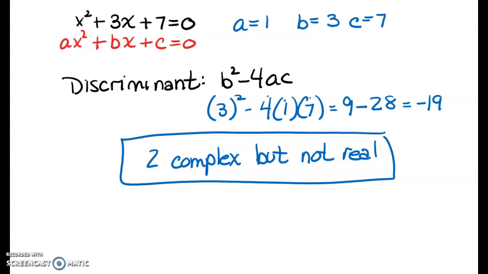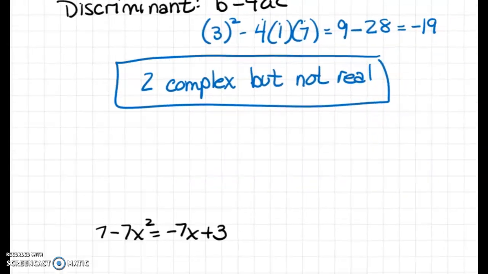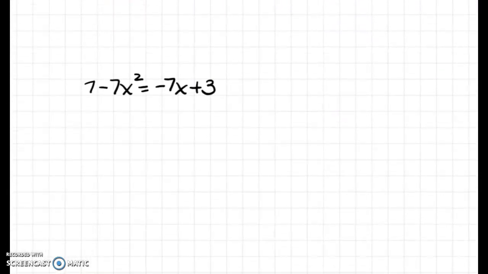Sometimes we get pure imaginary numbers, but imaginary numbers are also considered complex, even though they don't really have a real part. But our real numbers are complex numbers, and so we want to make sure that we don't say complex without saying but not real, because we want to exclude any pure real numbers.